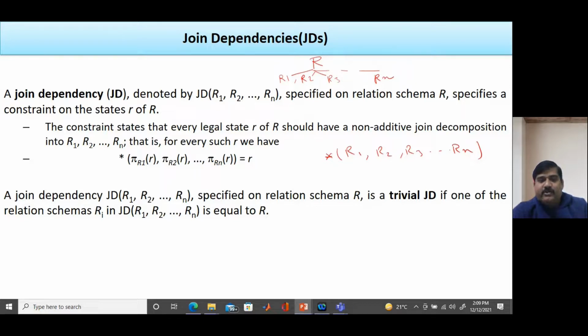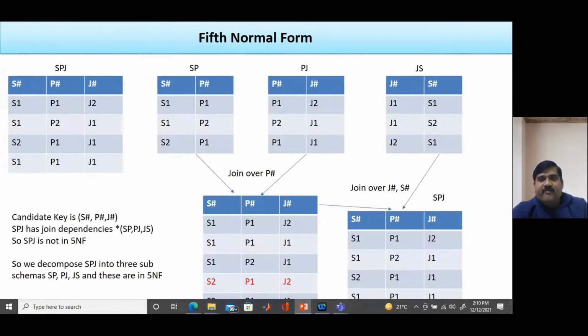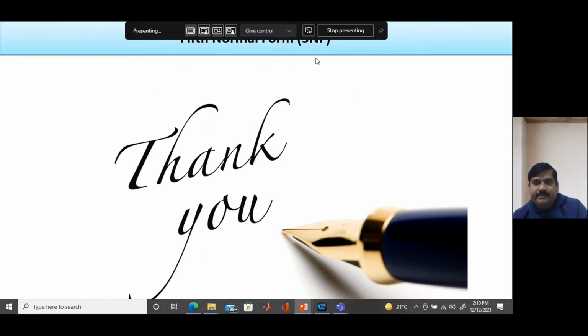I hope you understood the concept of join dependencies and the definition of fifth normal form. Now let me explain this concept with the help of this example. Please see here, this is a very important concept.